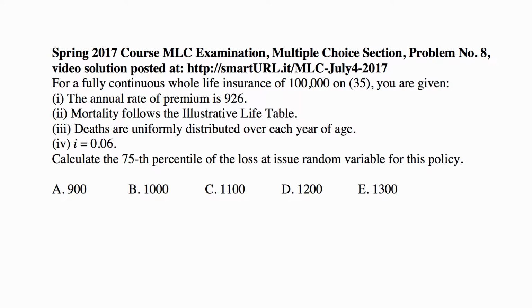One instinctive reaction that you should always have, when you see a problem with the words illustrative life table, is to check the interest rate. If the interest rate is 6%, then it's the same as in the table, which means that you can use all the values for life insurance and life annuities for the calculations. And if it's not 6%, well, that's a standard trick.